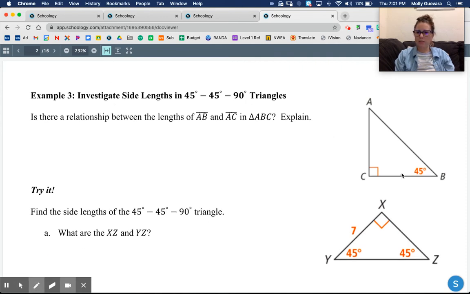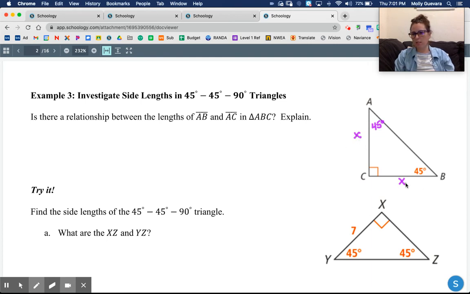The only thing is I'm just going to remind you in a 45, 45, 90 triangle. So we're switching now to looking at those special right triangles, 45, 45, 90, and 30, 60, 90. In a 45, 45, 90, my two legs are always the same length, whatever it is. If this is 4, this is 4.